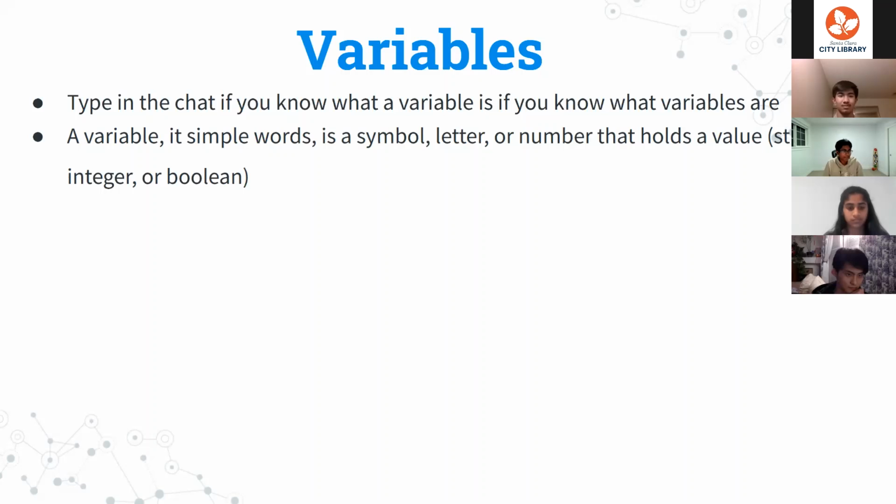X and Y are commonly used in math to represent the X and Y coordinates on a plane. It's kind of similar here, but we're setting the variable to what we want, and in math, we're trying to find it through equations. So in simple words, a variable is symbols, letters, or numbers.